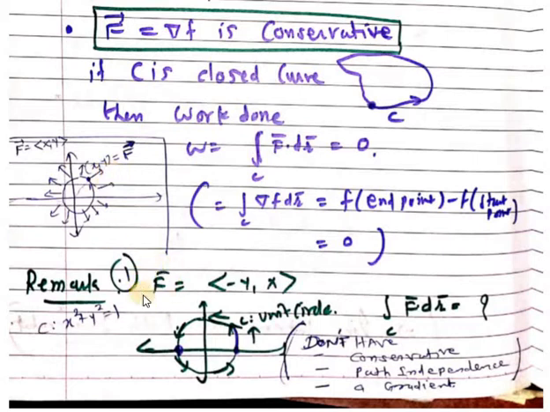But if I am to represent F bar is equal to minus y comma x, what will be the representation? If we consider F bar as the point x, y, here the x coordinate becomes minus y, and the y coordinate is x.